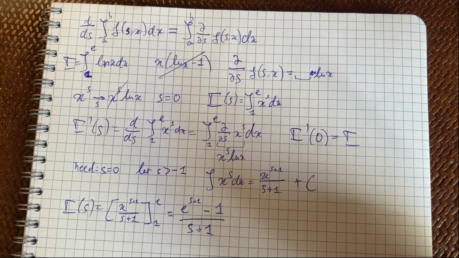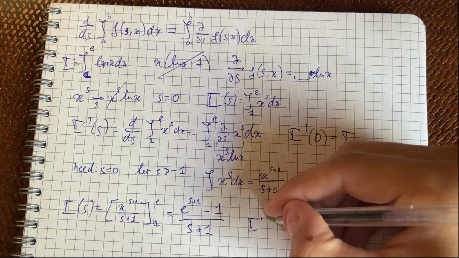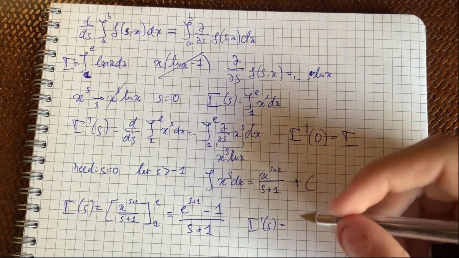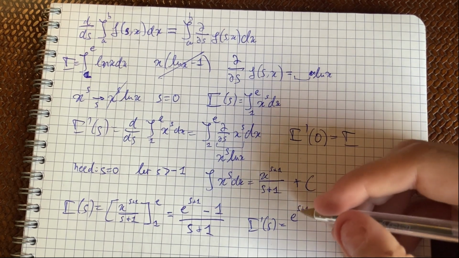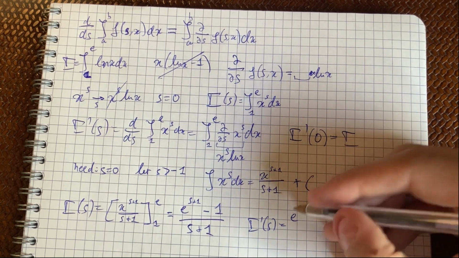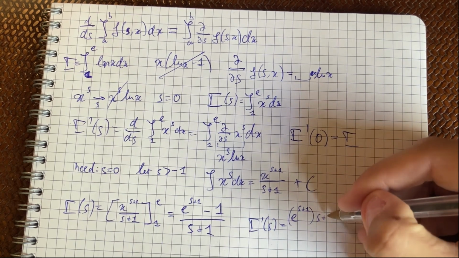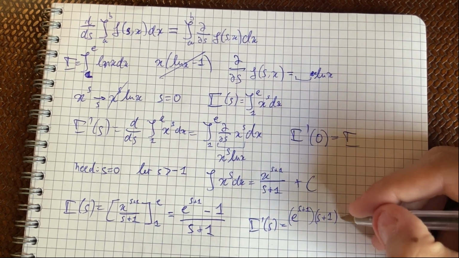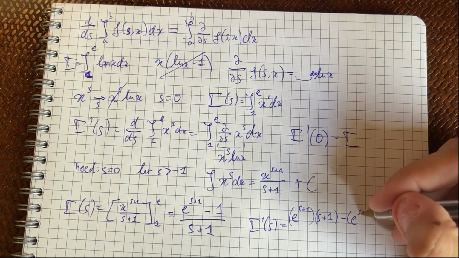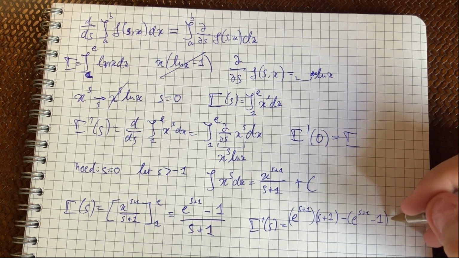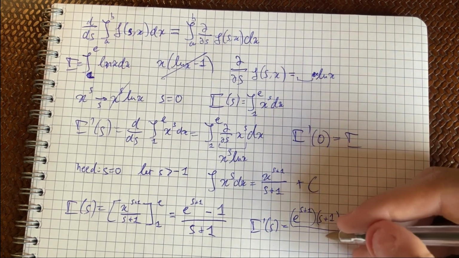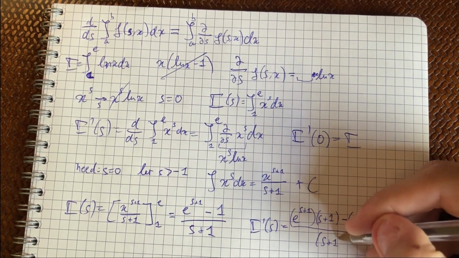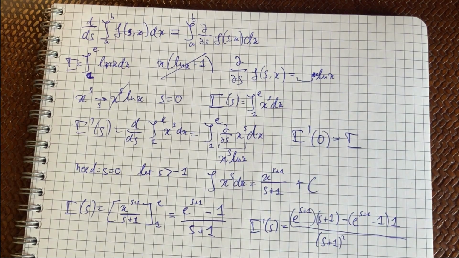Now we have to differentiate using the quotient rule, and we have that I prime of s equals e to the power of s plus 1 times s plus 1 minus e to the s plus 1 power minus 1 times 1. And all that is divided by s plus 1 squared.